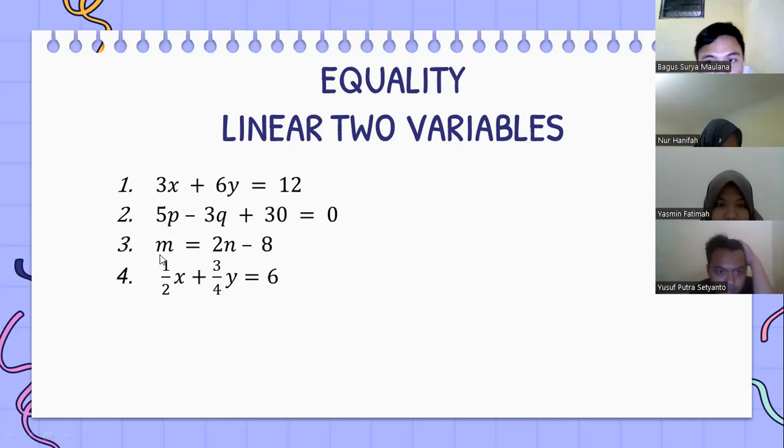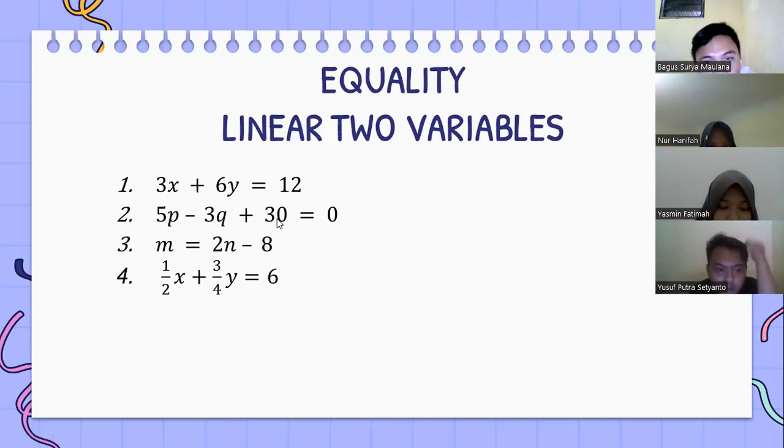And for number 2, does anyone want to answer which one is the variable, the constant, and the c? I want to try to answer, sir. Yes. Okay. The variables are P and Q, and 30 is the constant.